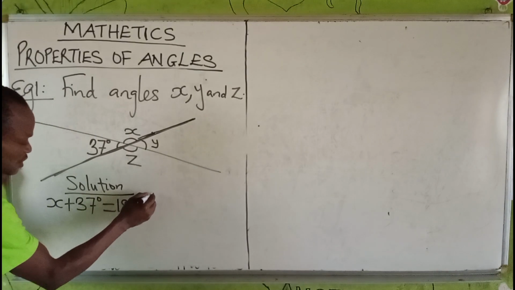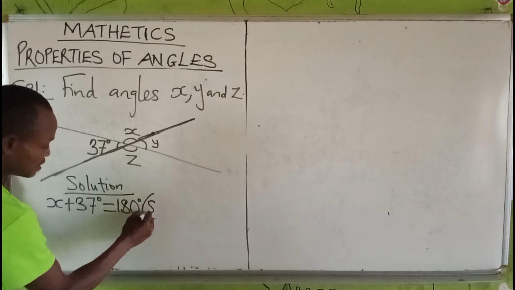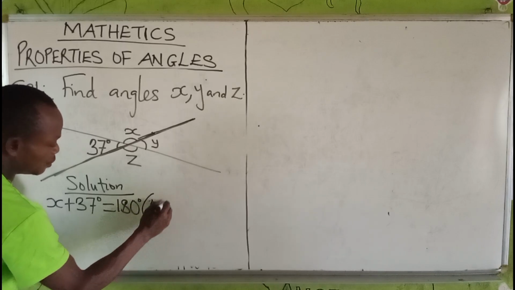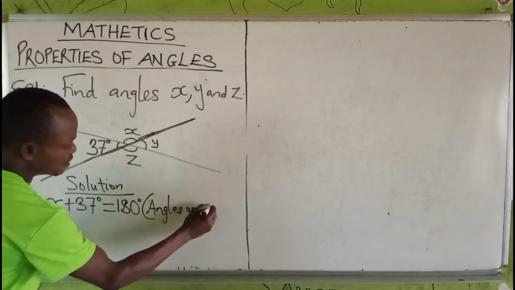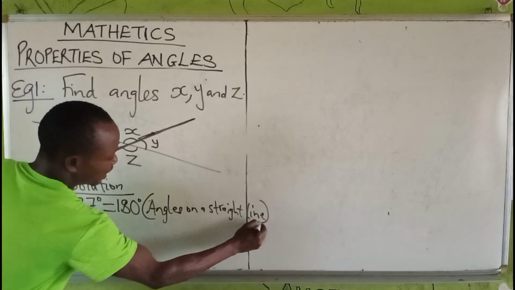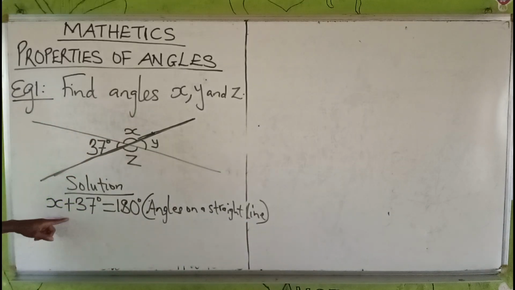Now, you must state your reason why we are saying it is 180 degrees. The reason is angles on a straight line equal 180 degrees. So from here, we can collect our like terms.